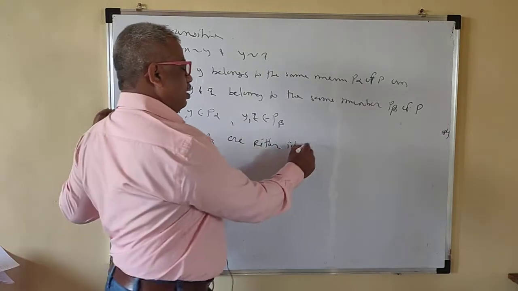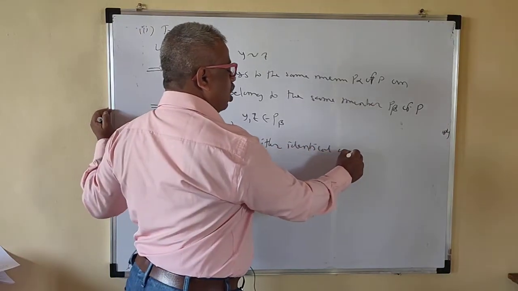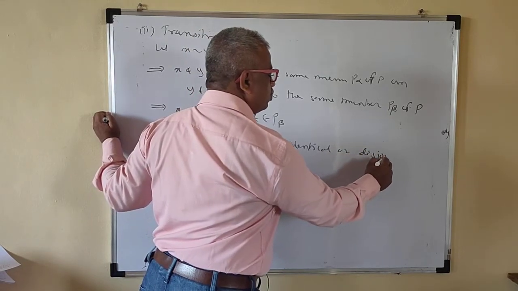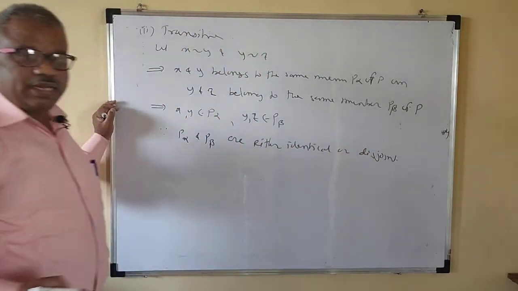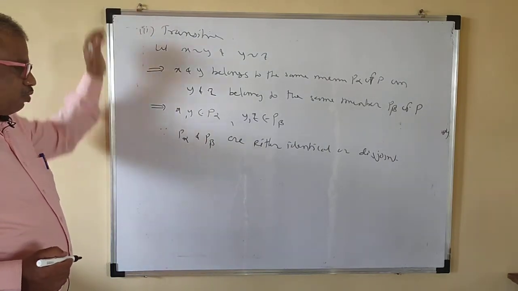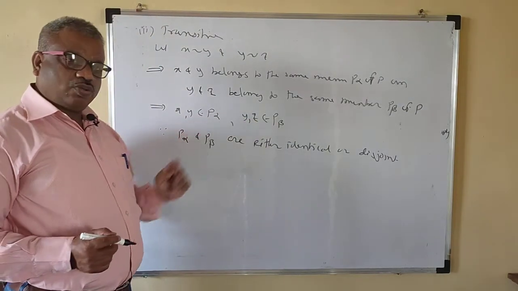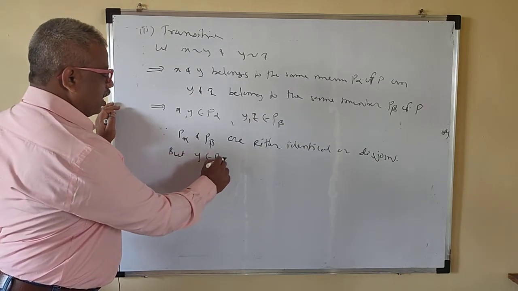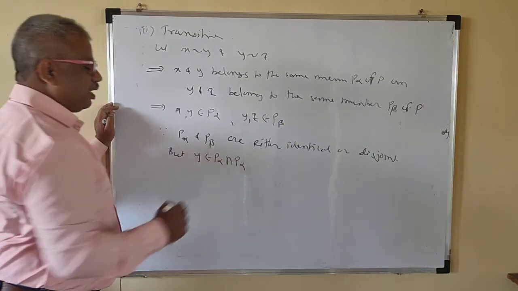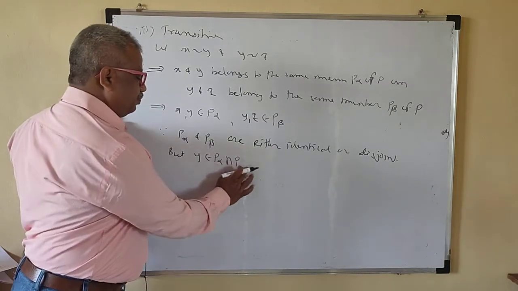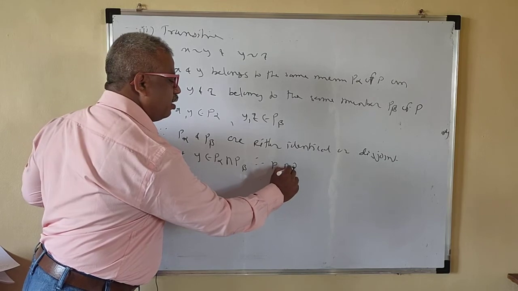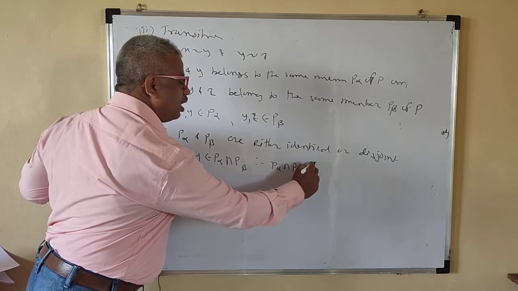But Y belongs to both, so Y belongs to P_alpha intersection P_beta. Therefore, P_alpha intersection P_beta is not empty.